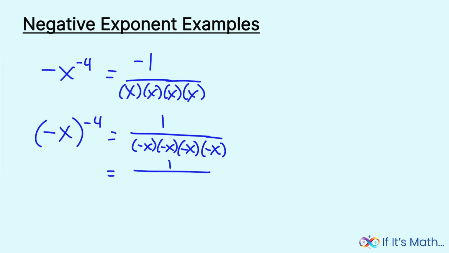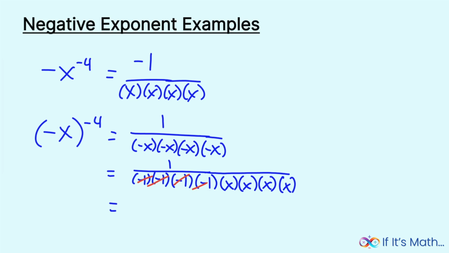So you have 1 over negative 1, negative 1, negative 1, negative 1, and then it's going to keep going, x, x, x, x. These negative 1s are going to end up all canceling out, right? Negative 1 and negative 1 is positive. Negative 1 and negative 1 is positive. So the only thing that's left is your 1 over x times x times x times x.